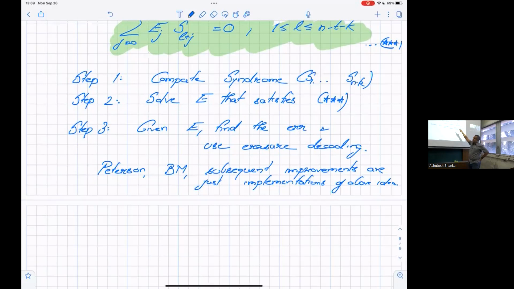Peterson did this for BCH. The moment he found the set of errors, getting the codeword is simple because it's binary. You just go there and flip the value. You don't have to do more. So this subsequent error decoding step disappears, and once you know the error locations, you just go to the error locations and flip them. This is why it was done for BCH. Certain steps become easier in the BCH world. Though previous algorithms like Peterson's use special properties of BCH, at a high level this is what all these algorithms do.